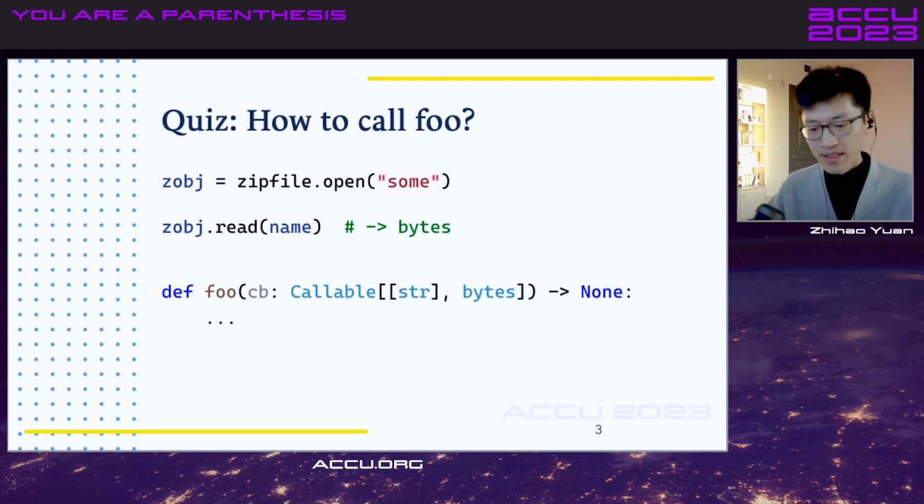And let's say I have a high-level function that takes a function to which you hand a name and it gives you back all the bytes. So only one parameter of type string, which refers to a name, and one return type bytes. Let's say I have such an object and such a high-level function. How do I pass something related to the object to this function? This is a very simple question. I guess even if you don't know Python, you know the right answer.